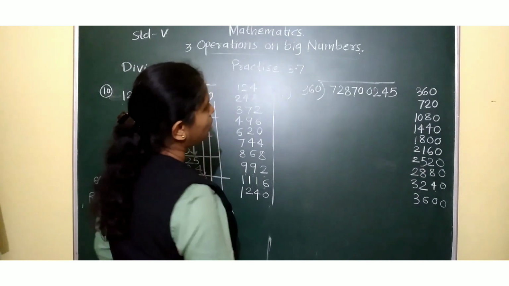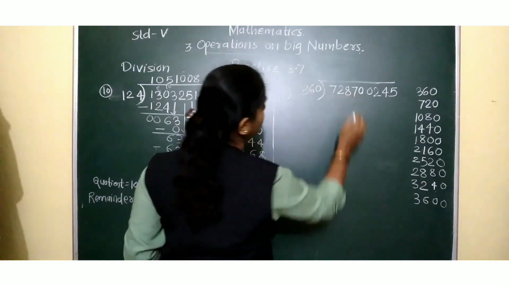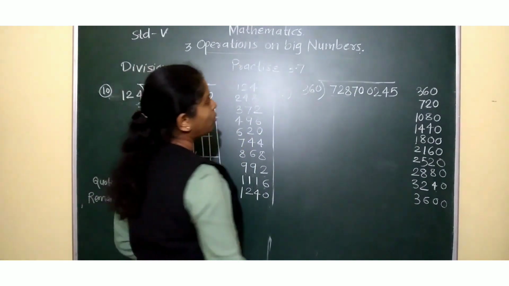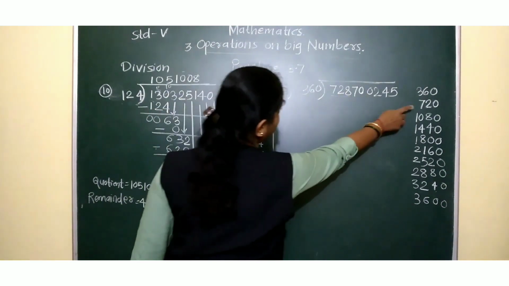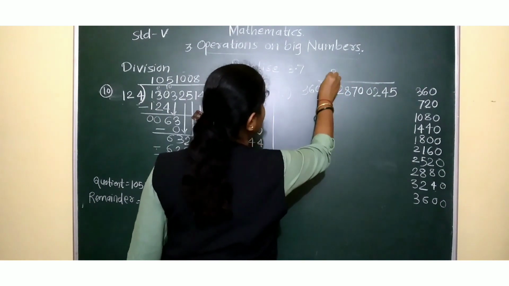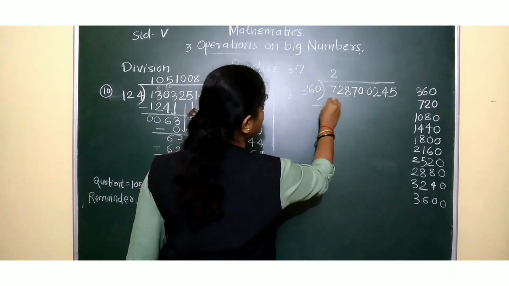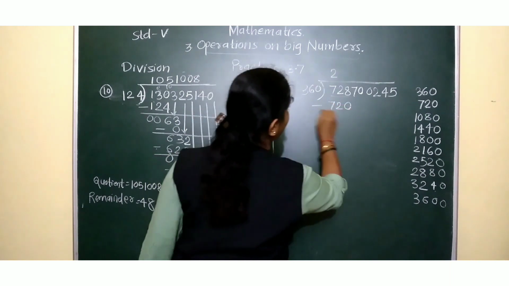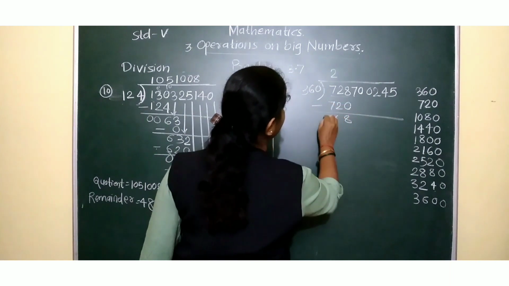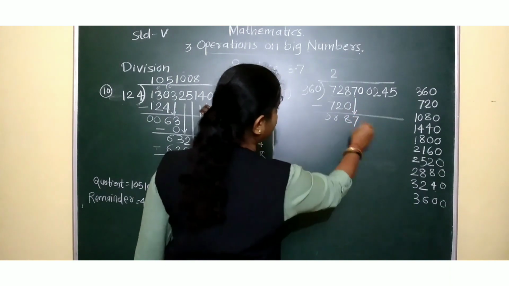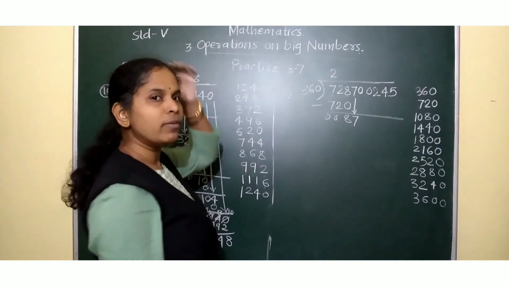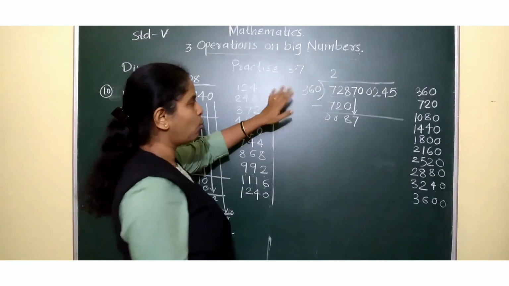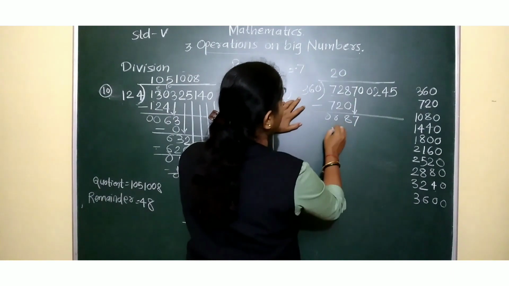Okay. So we have to take these first 3 digits. Now, which number is close to this? 720. So 360 twos are 720. Take 7 down. 87. Can we divide 87 by 360? No. So again, zeros are.